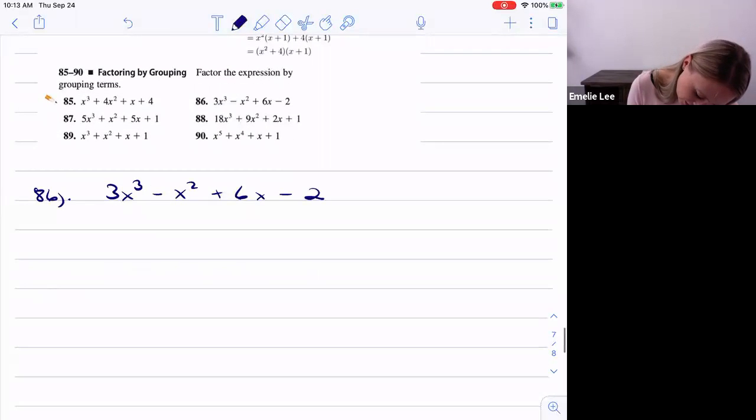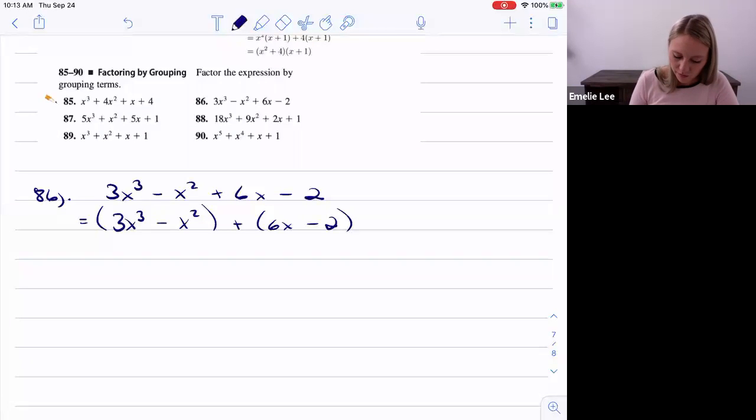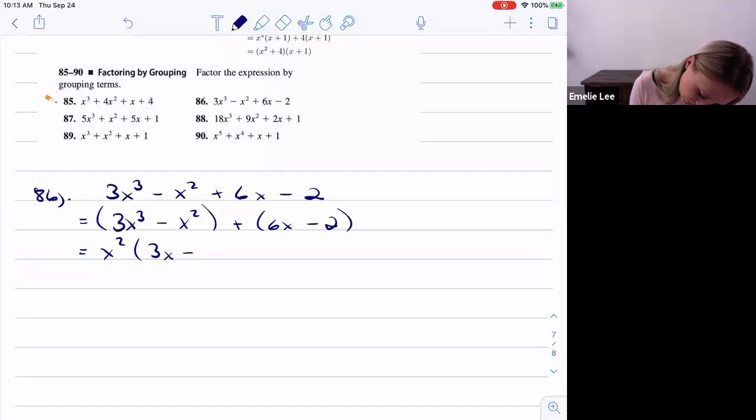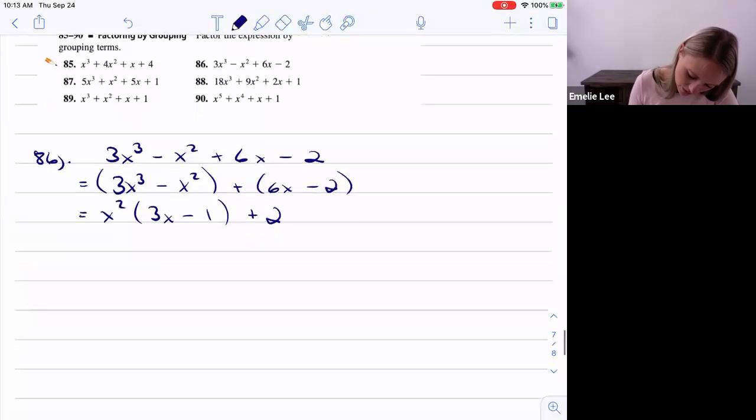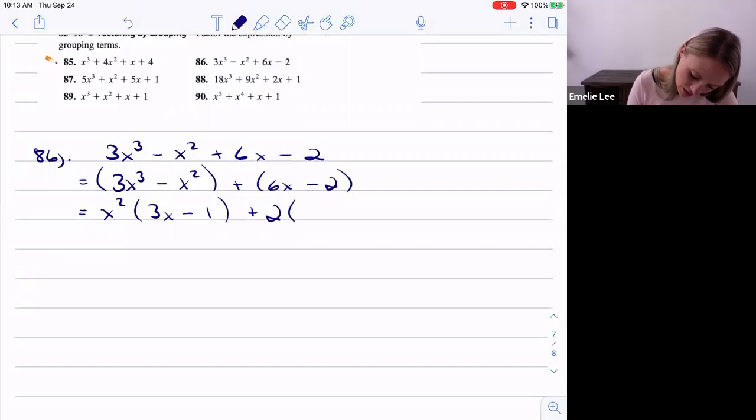So this becomes 3x to the 3 minus x squared plus 6x minus 2. From the 3x to the 3 minus x squared, I can pull out a common x squared and be left with 3x minus 1. From 6x minus 2, I can pull out a common 2. So I've got 2 times 3x minus 1.